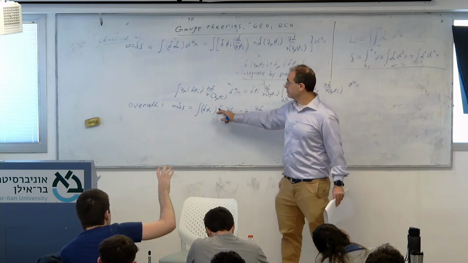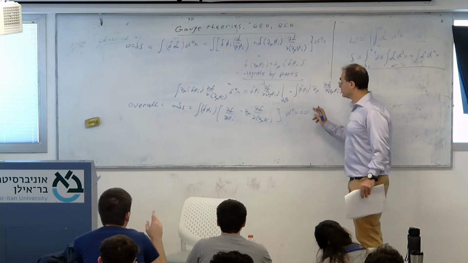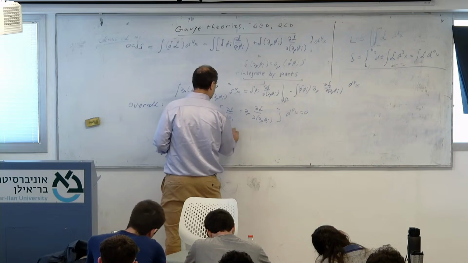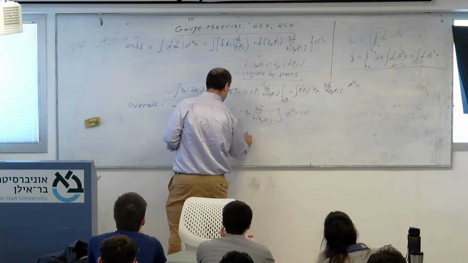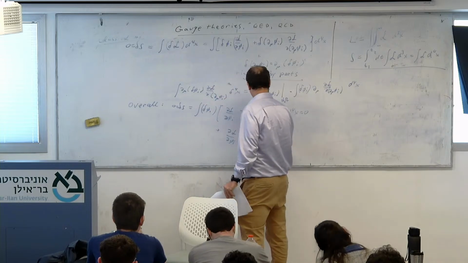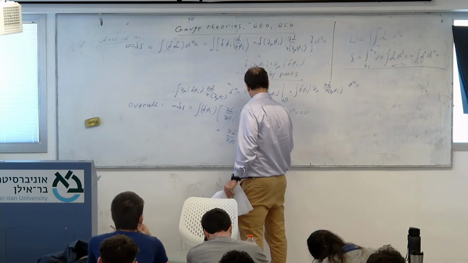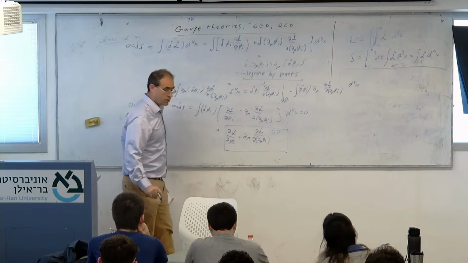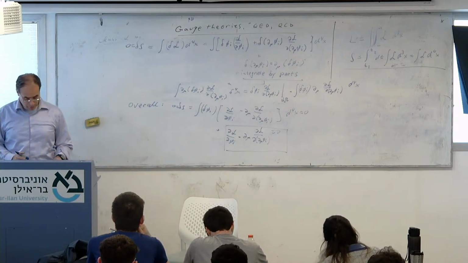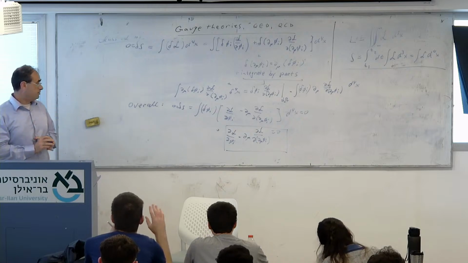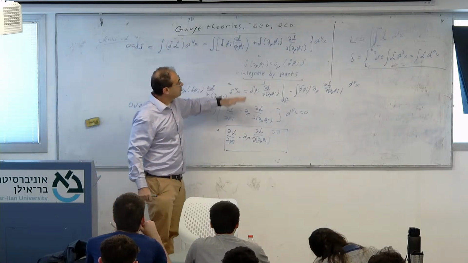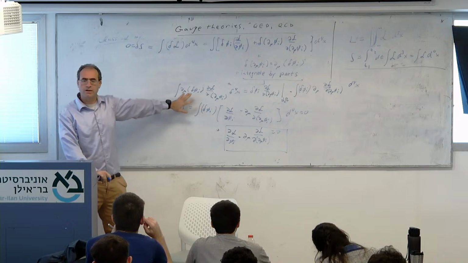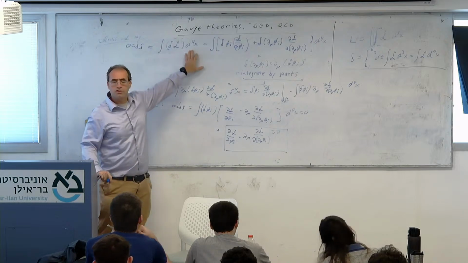And since delta phi_i is arbitrarily chosen, we end up with the Euler-Lagrange equation: dL over d phi_i minus d_mu dL over d(d_mu phi_i) is equal to 0. If you follow the logic here, it's identical to what you've been doing in classical mechanics. There's just this addition of the integral over d^4x.